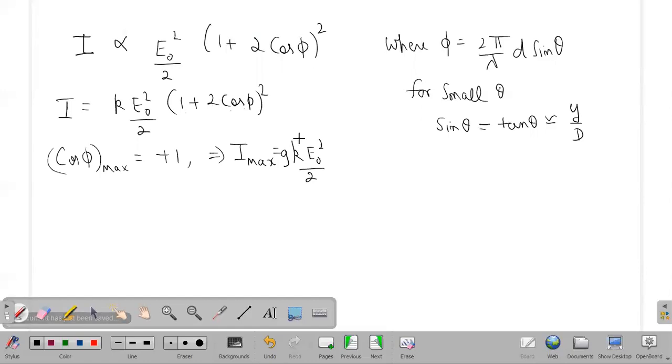So I get 9. Now I will replace k E naught square by 2 with the maximum intensity over 9.